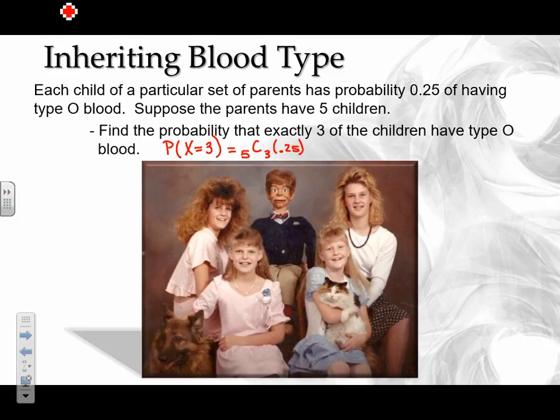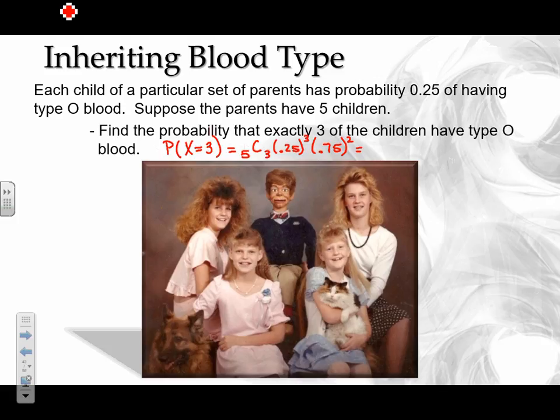Raised to the third, we want 3 successes. So raised to the third. Probability of fail, 0.75. How many fails should we expect? 2. Okay, so in your calculators, 5 NCR 3 times 0.25 to the third times 0.75 squared.